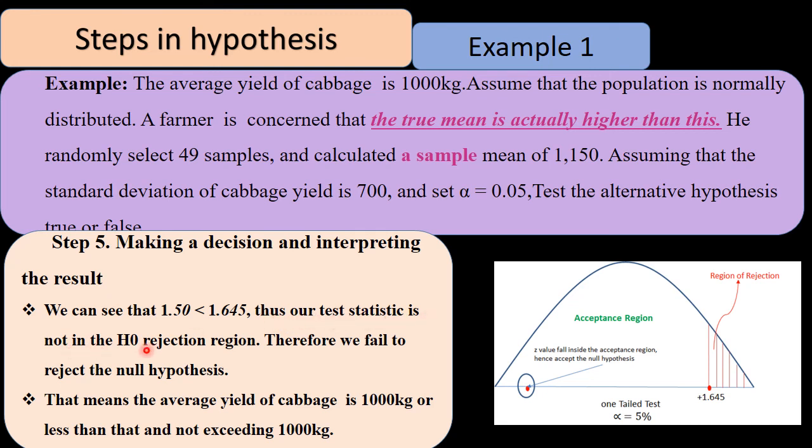Thus, our test statistic is not in the null hypothesis rejection region, it is in the acceptance region, and therefore we fail to reject the null hypothesis. That means the average yield of cabbage is 1000 kilograms or less, not exceeding 1000 kilograms. That is the answer.